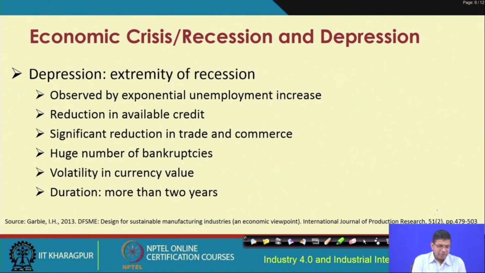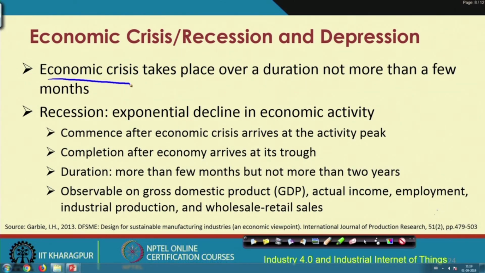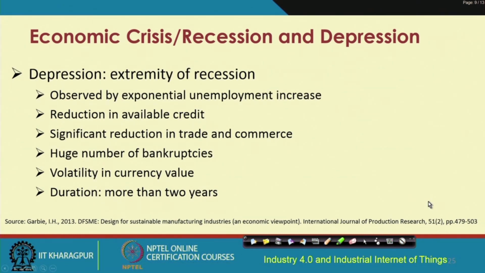So, we start with the economic crisis, which takes place for a few months, then recession, which is a rapid slowdown of the economy, and thereafter we have the depression. This depression is the extreme case of recession where all of these things would happen. So, let us now look at the view of each of these.